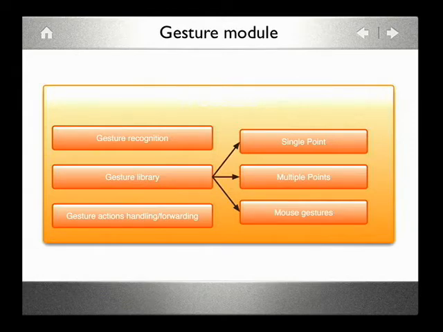So in gesture, I would like to implement single point gestures and multiple point gestures, sort of mouse gestures, but using your own fingers. The module will also be responsible for gesture action handling and forwarding to the internal applications and external applications.